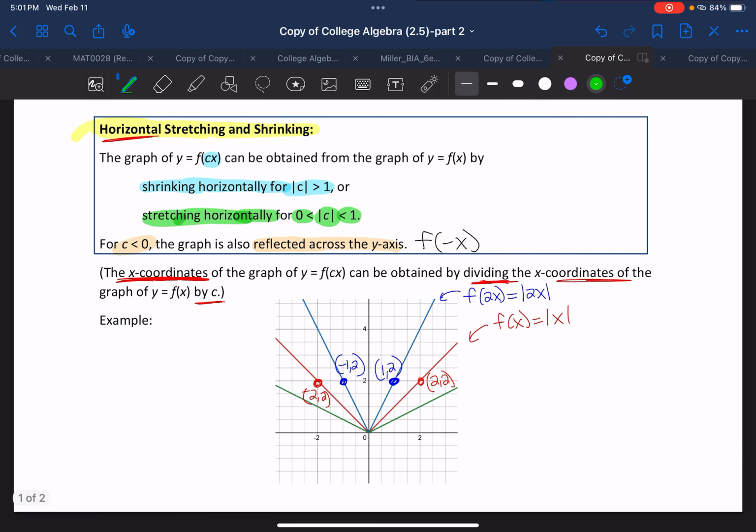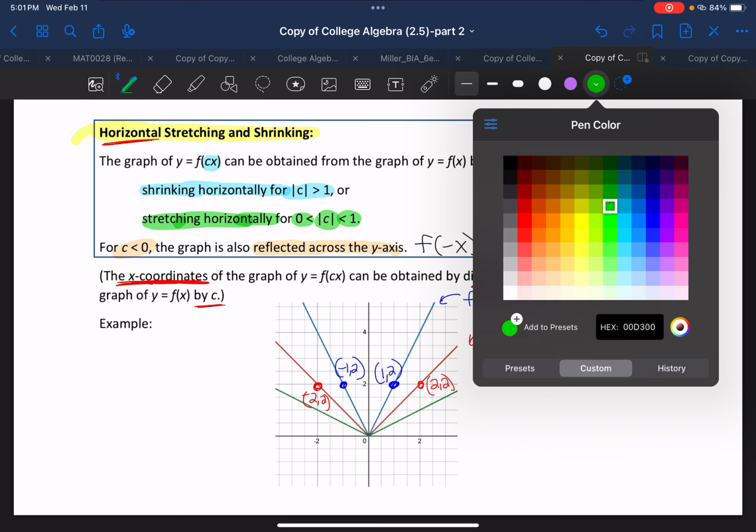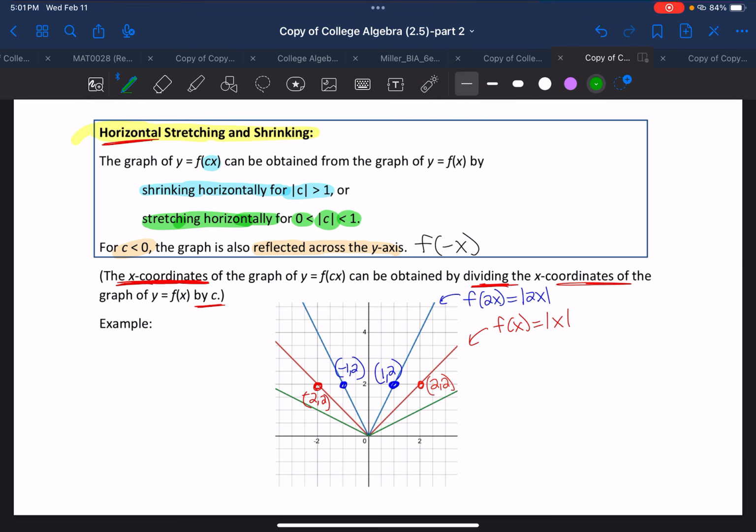So that's just kind of how you can think about that. Okay, and then the last example here is the green graph. So this is the one that's being stretched horizontally. It's getting wider. And this is being stretched by a factor of 1/2. So this would be f of 1/2 times x, which would be the absolute value of 1/2 times x.